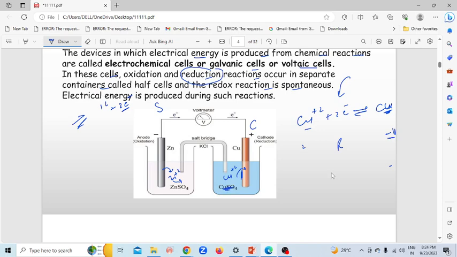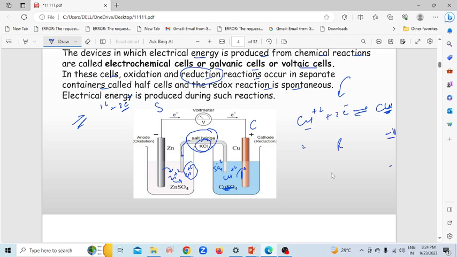So after some time the concentration of sulfate ions will increase in the solution, whereas here the Zn plus 2 ion concentration will increase. So the charge balance will be disturbed. That's why, to maintain electrical neutrality, we use a salt bridge. The salt bridge is made of KCl, potassium ions and chloride ions.